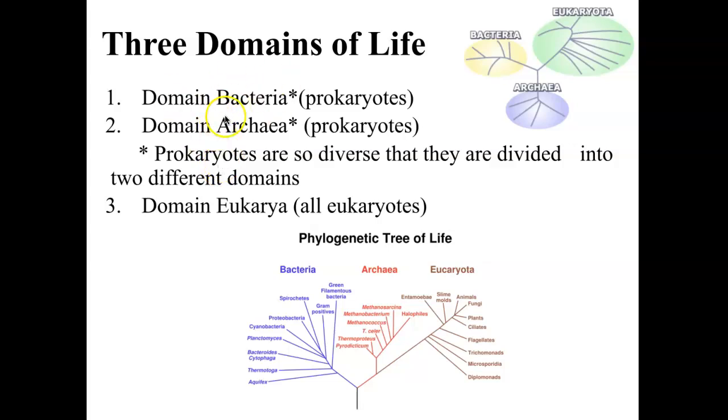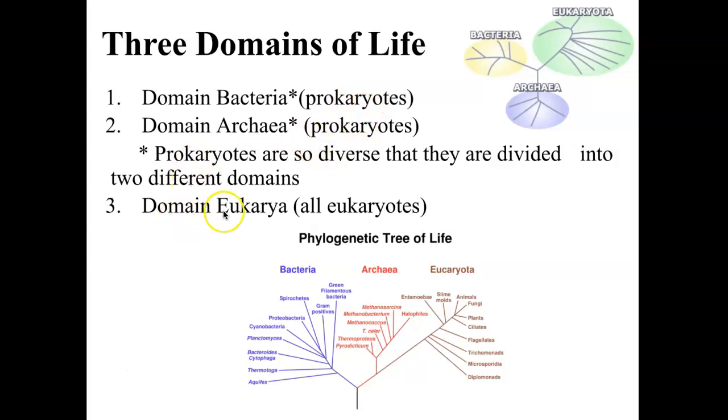These 2 domains used to be categorized into 1 domain, but that had to be changed because these 2 groups were very different from each other. So one is called domain Bacteria and the other is called domain Archaea. Prokaryotes are single-celled organisms that lack a nucleus, and that's true of both of these domains of organisms.